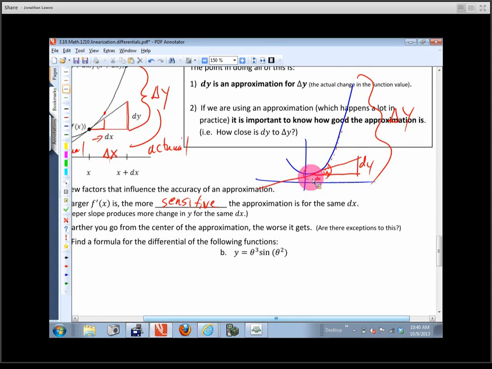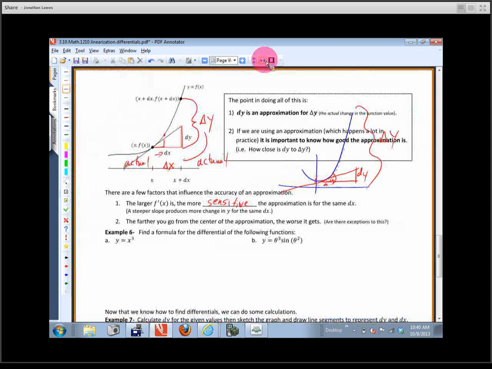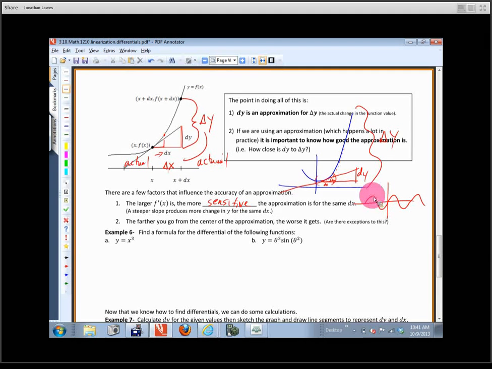Can anybody think of some exceptions to that? What if we did something like this? And what if I found a linearization? What if I approximated the curve right here?